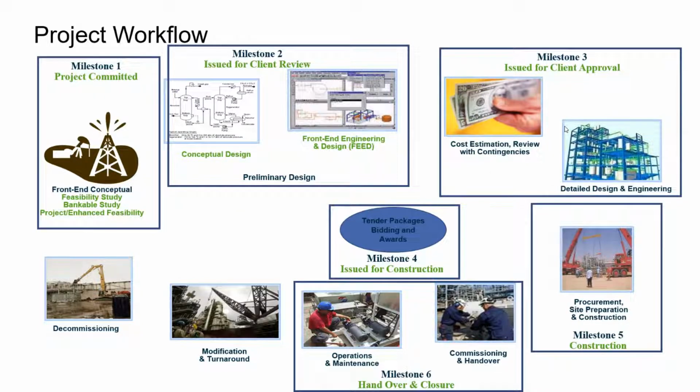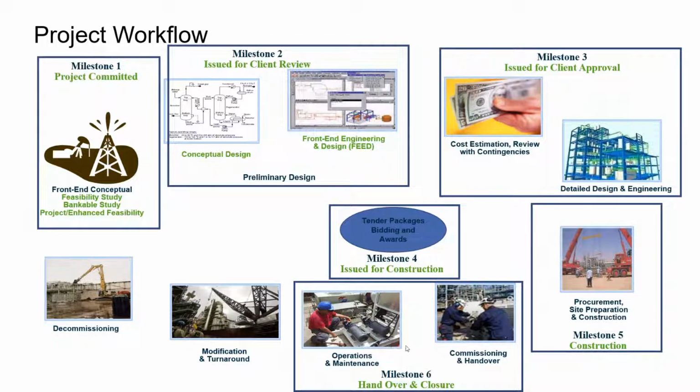Then when you have this package completed, you can package it into different work packages and tender to the contractors where you want to award it. Then followed with the contractor working on the procurement process, going to the building of it and construction, and finally hand over to the operator or the owner.